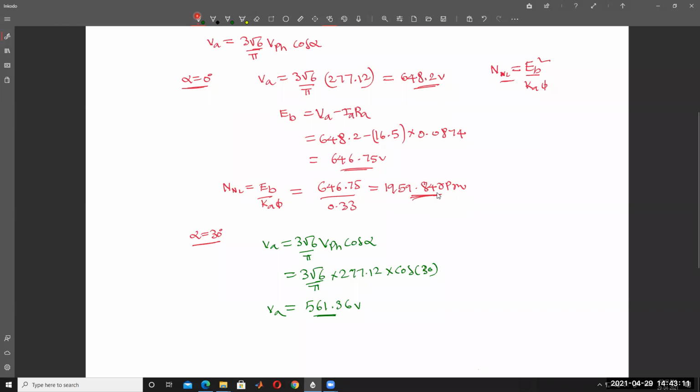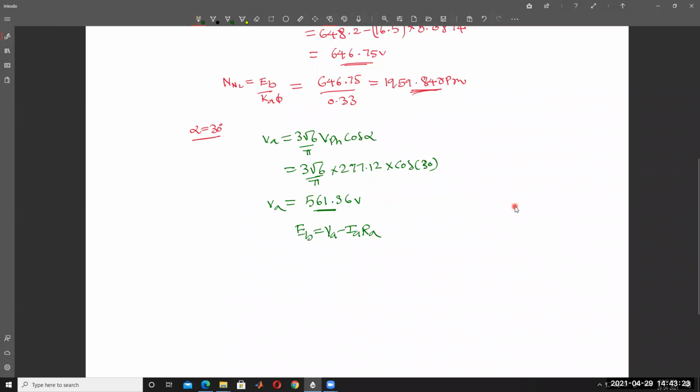And EB is equal to VA minus IA into RA. So substitute here: VA 561.36 minus IA, the no load armature current 16.5, into RA, which is 0.0874.